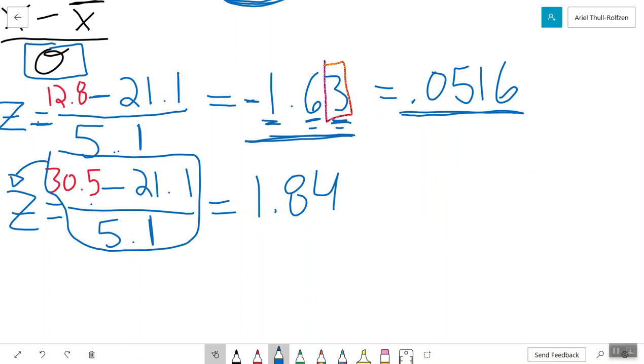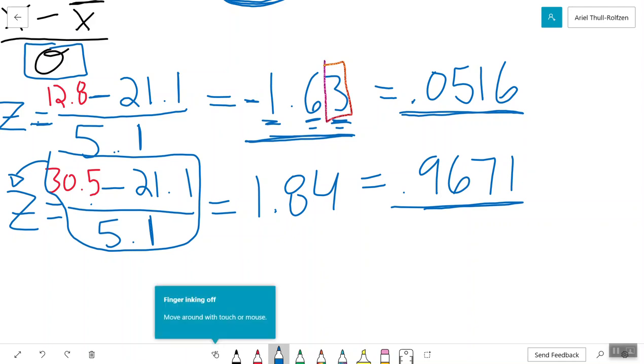And we're going to go over to the last number, 4, and we're going to see 0.9671. This is the probability associated with 1.84 as a Z-score.